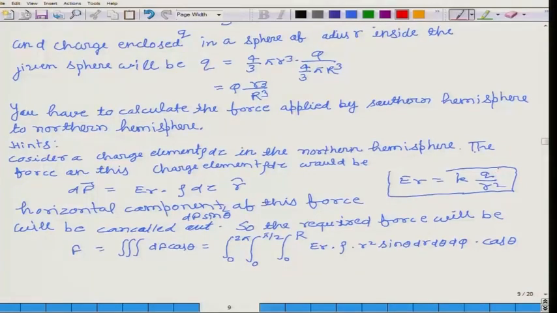So, your total force will be just electric field into volume element, which is rho r square sin theta dr d theta d phi, and you are adding only the vertical component, that is dF cos theta. You just do this integral to find out the answer.